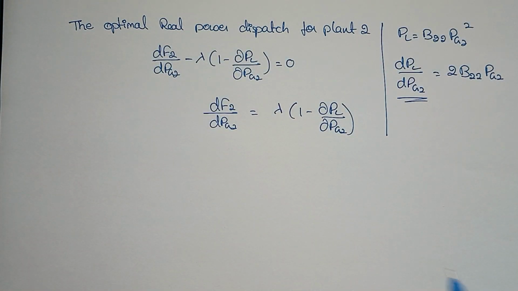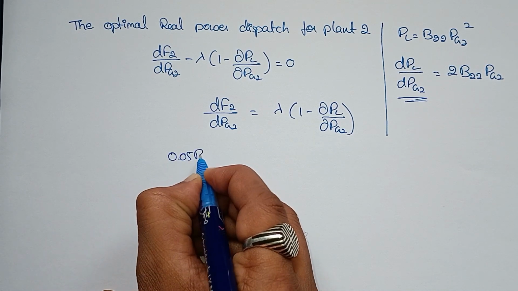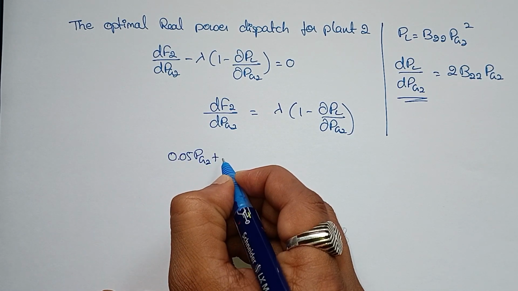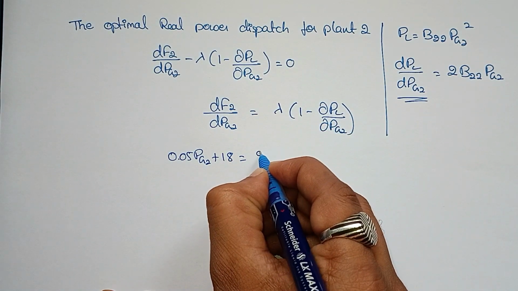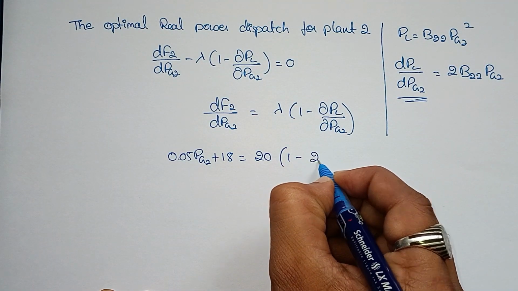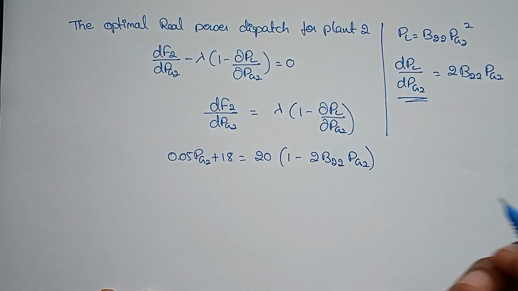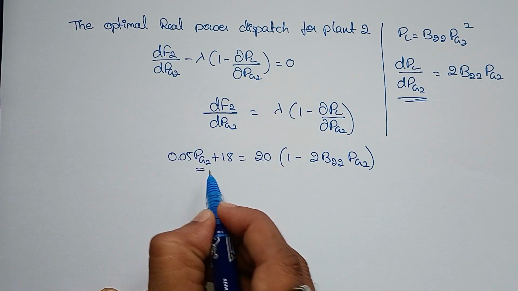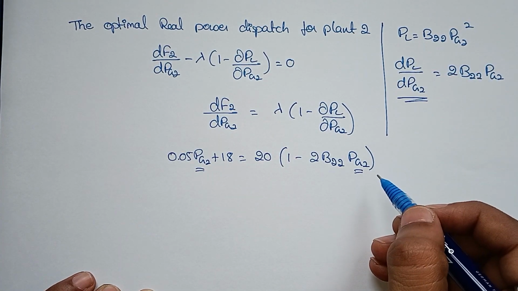On substituting, 0.05 PG2 plus 18 is equal to, the value of lambda was 20, times (1 minus 2 times B22 into PG2). Now the unknown value is PG2. Previously, while calculating PL, we assumed PG2 as 75 megawatt.